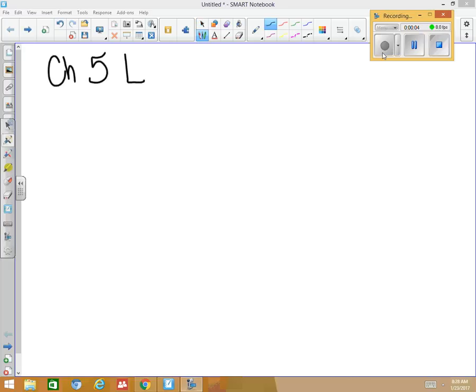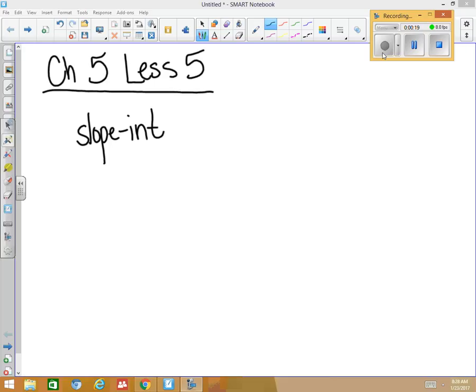Chapter 5, lesson 5. So we've gone over your two forms, okay? Our slope-intercept. What is slope-intercept?